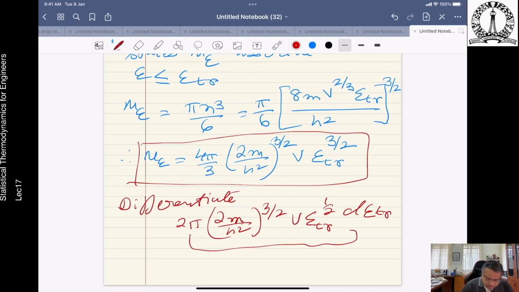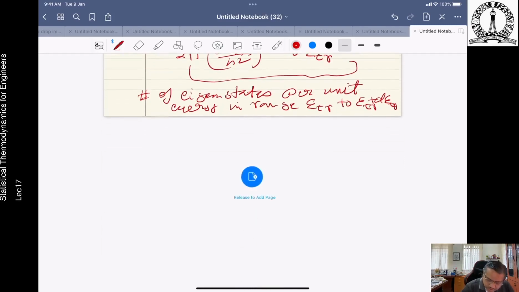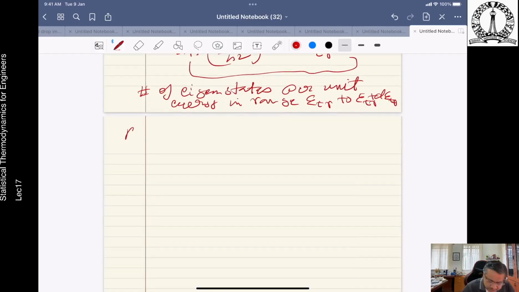This actually gives you the number of eigenstates per unit energy in the range E_TR to E_TR plus dE.